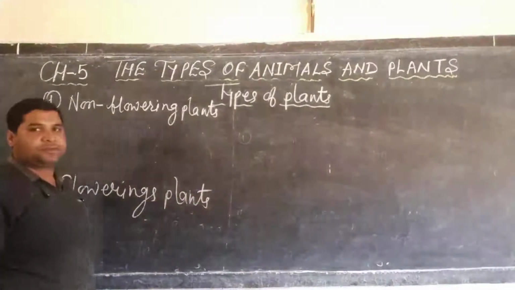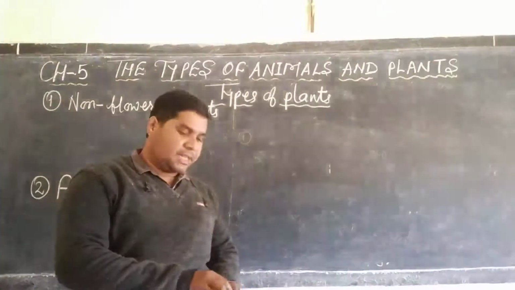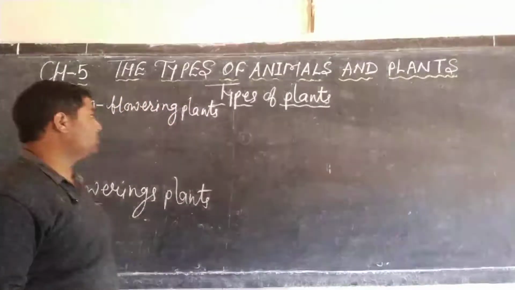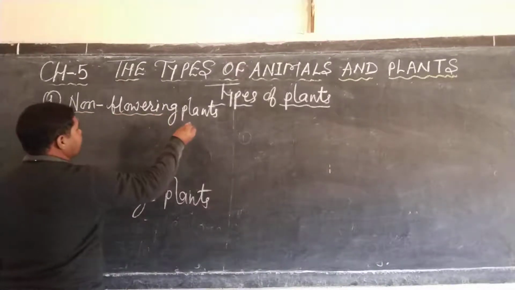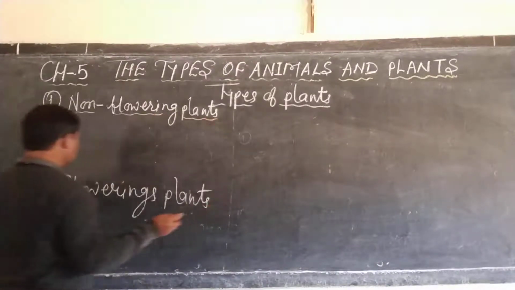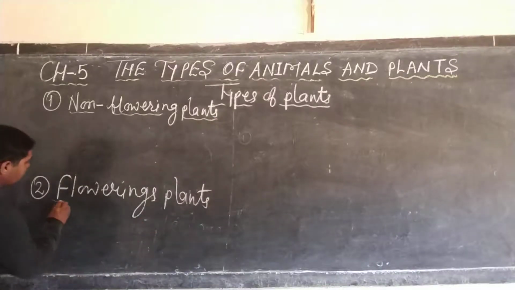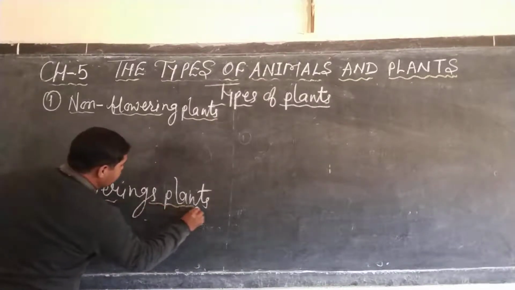So dear student, plants are basically of two types: non-flowering plants and flowering plants.